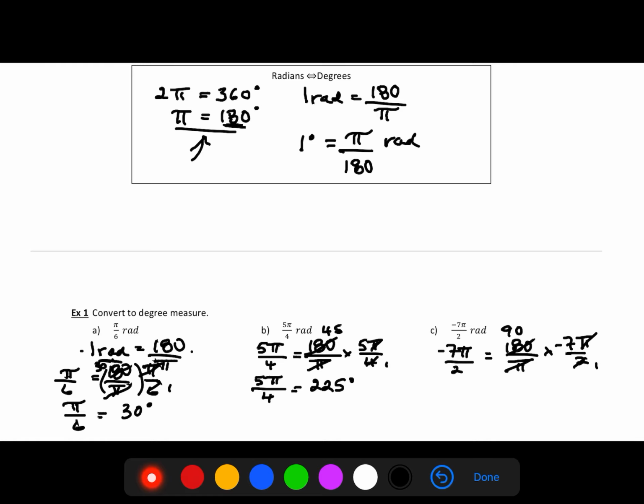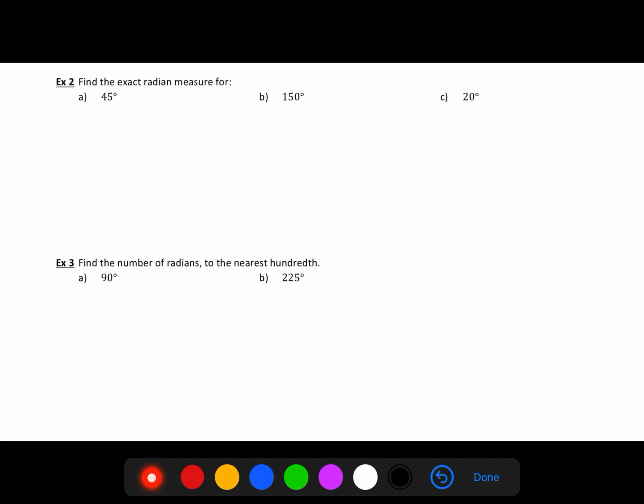We're going to be left with 90 times negative 7, which is equal to negative 630 degrees. Okay, so we can translate angle measures just like we can translate imperial to metric and vice versa.